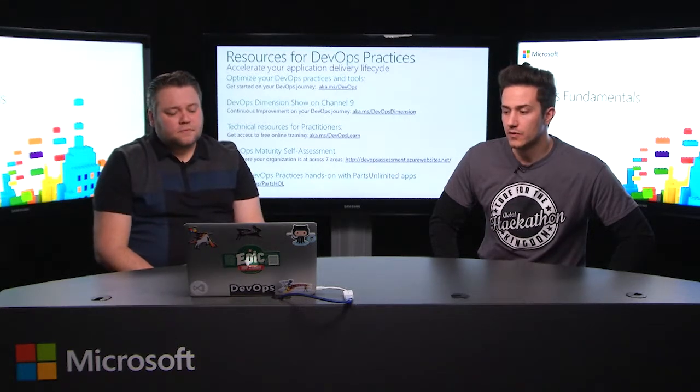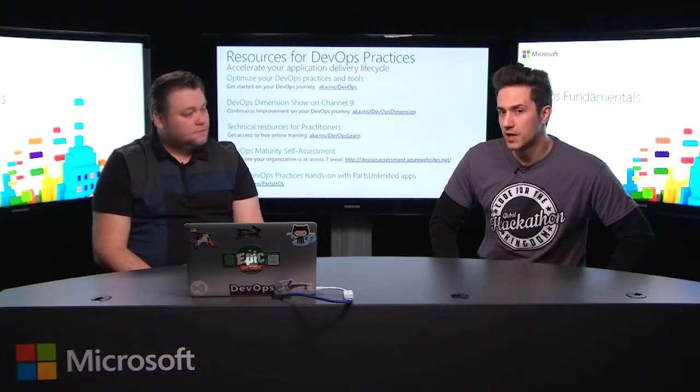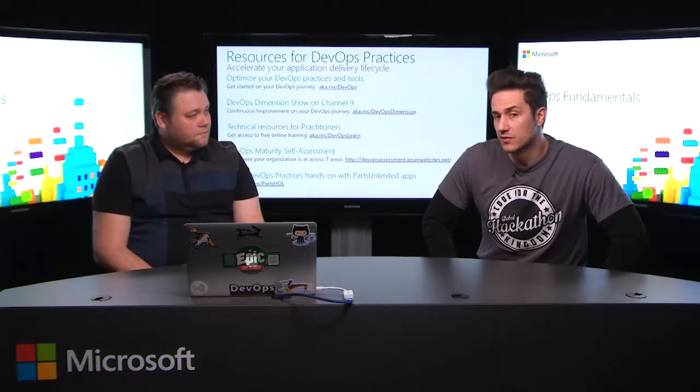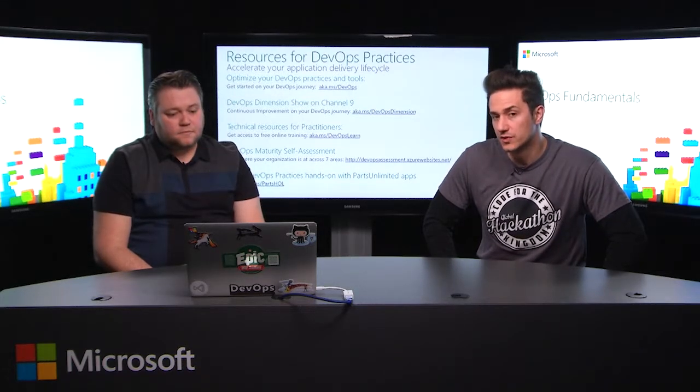And then the second to last one, the DevOps Maturity Self-Assessment, is really good to get a ballpark of where your organization is at across a lot of the things that you should care about. We have this concept that we call 7 habits, and we give you a score on where your organization is at across those 7 habits, as well as some tips.